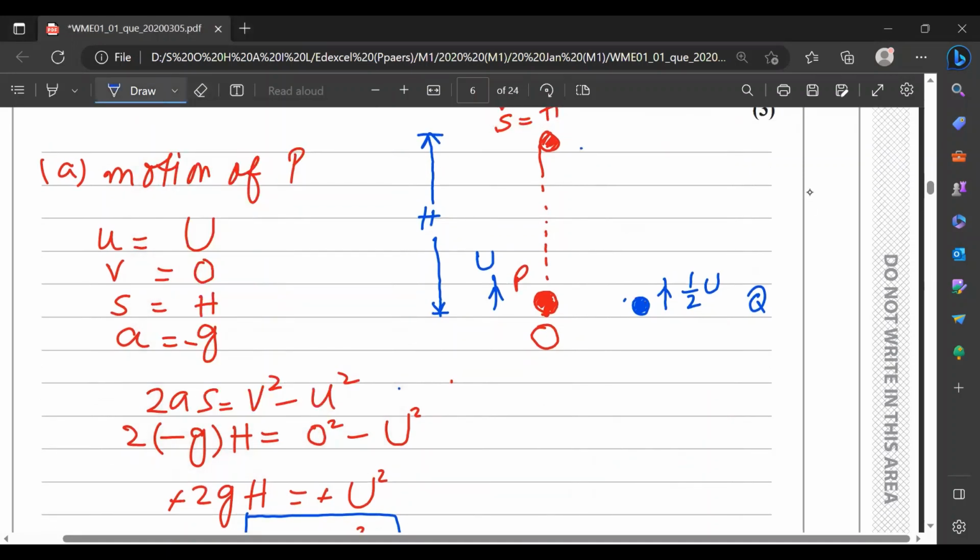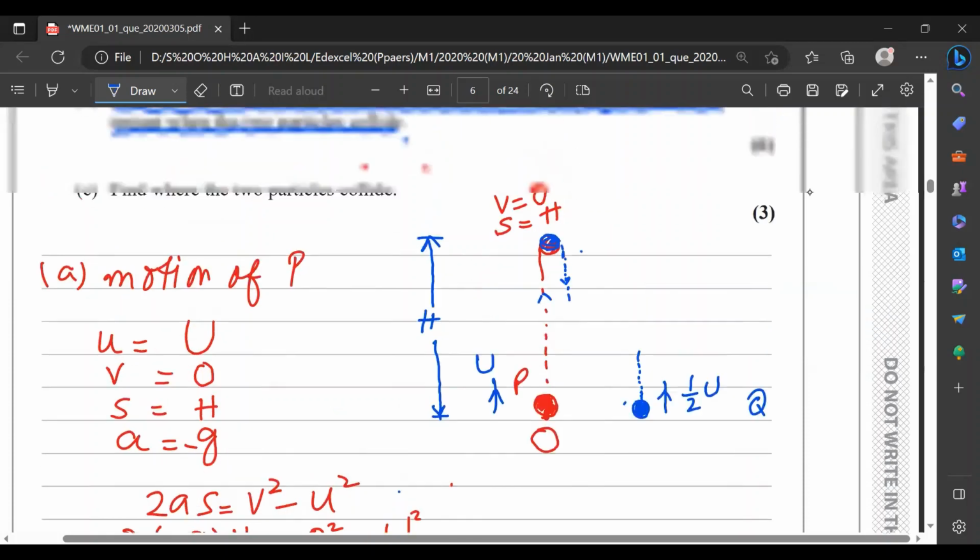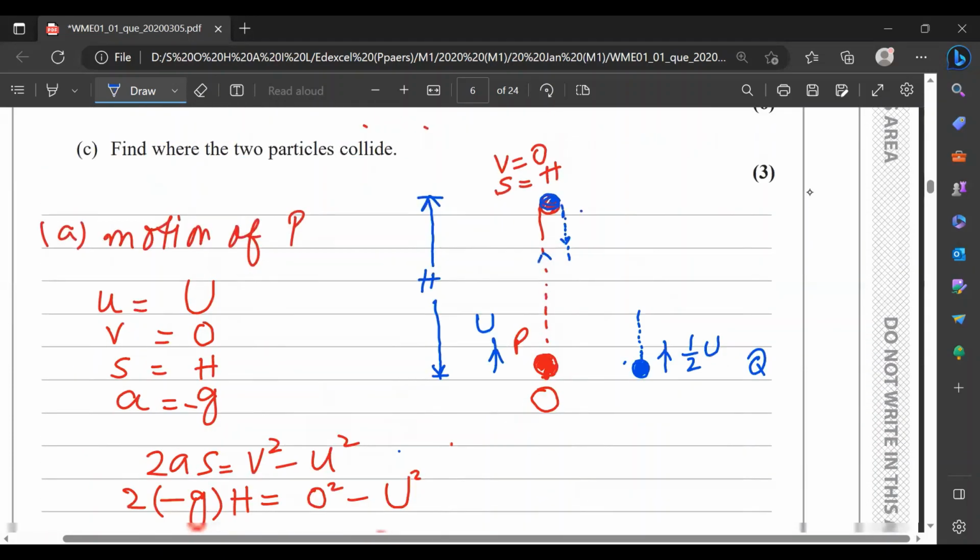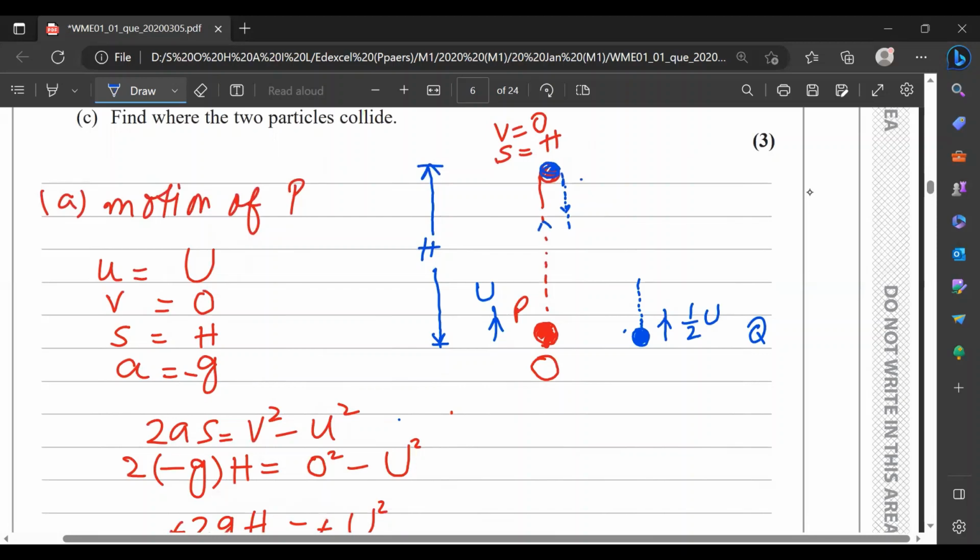Let T be the time taken by Q. During this time, the particle P will be moving in the downward direction, because when the particle reaches the maximum height, particle Q is projected. So during this time it is coming down. Eventually the question is to find the time when they collide.